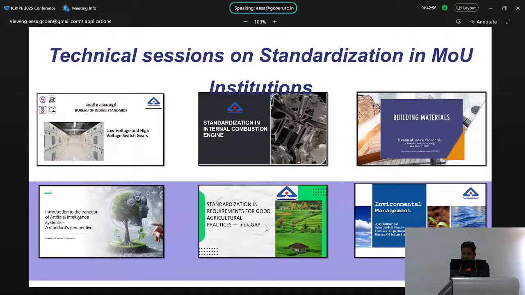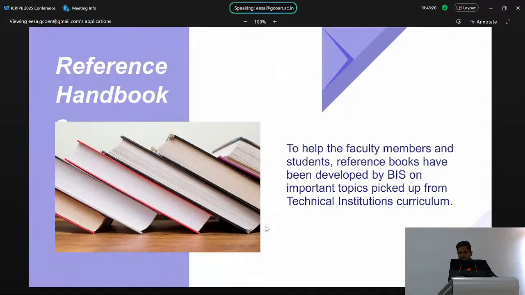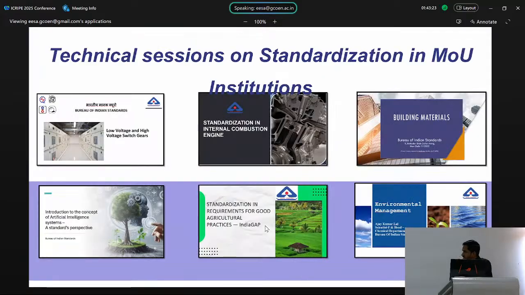Standardization in internal combustion engines, building materials, and an introduction to the concept of artificial intelligence. In artificial intelligence systems, a standards perspective means how the Bureau of Indian Standards views artificial intelligence. Standardization requirements of good agricultural practices, and environmental management. These are some examples of the technical sessions.